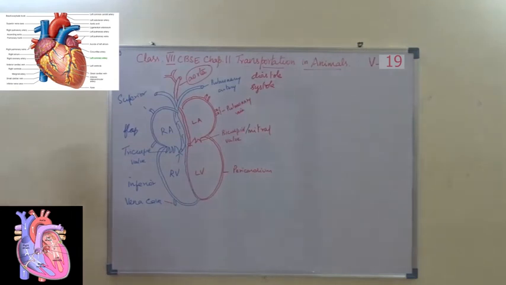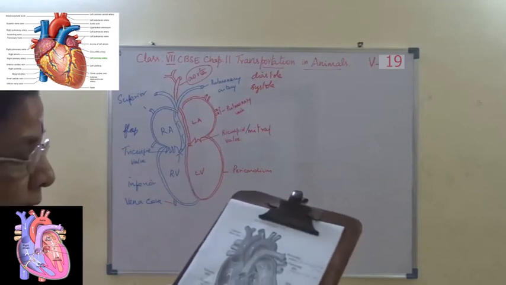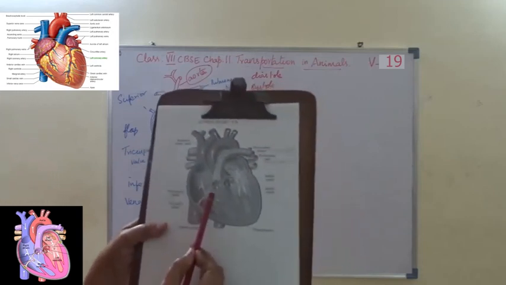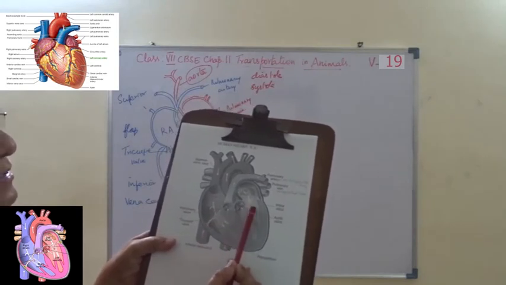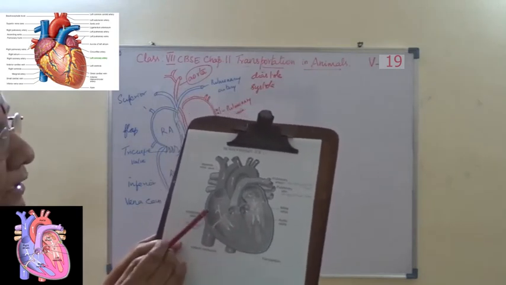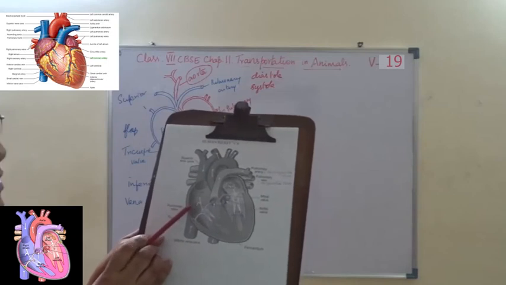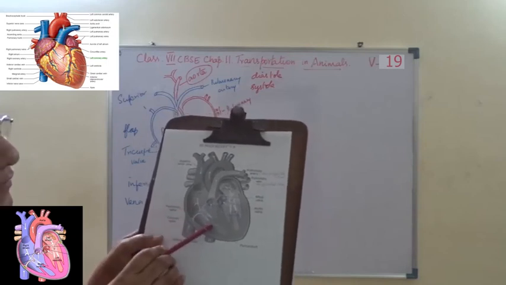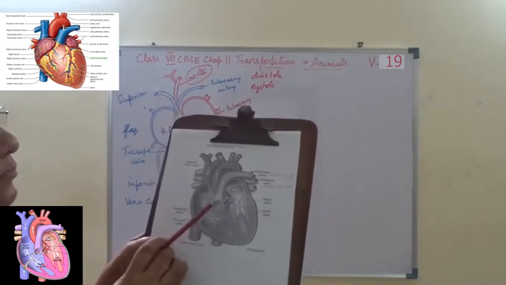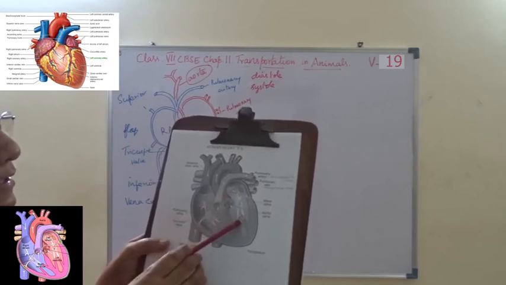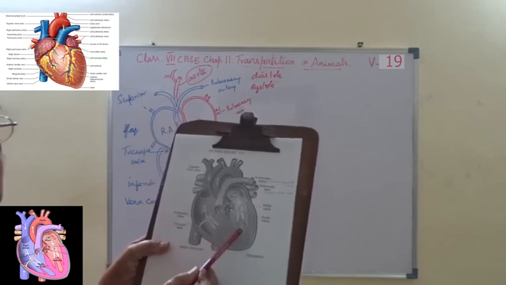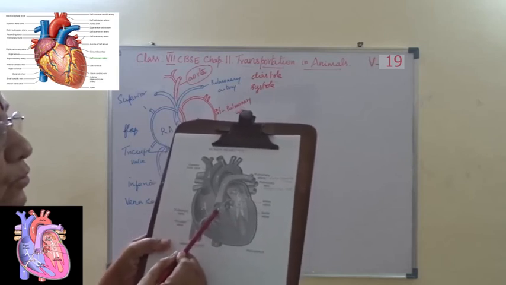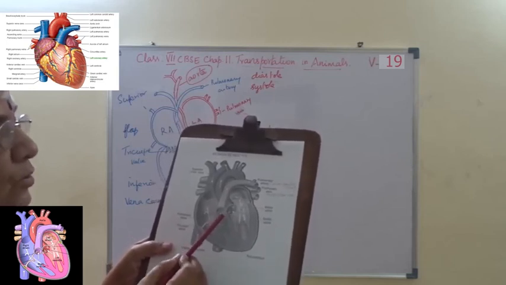Okay. When the picture comes in, this is the tricuspid valve. This is the bicuspid valve. Right atrium, right ventricle. Same way, left atrium, left ventricle. So when both the ventricles contract, this is one semilunar valve, this is another semilunar valve.